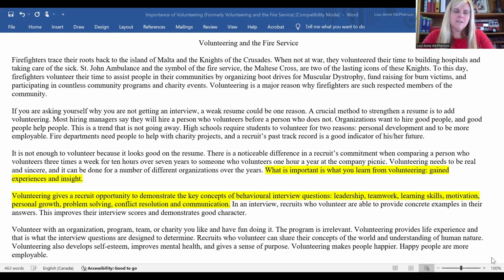I want to bring this into focus for you and show you what this looks like in a fire-related reading passage. So here we have a full text. It is on the importance of volunteering in the fire service. I picked this text specifically because it has multiple uses of the colon in it.